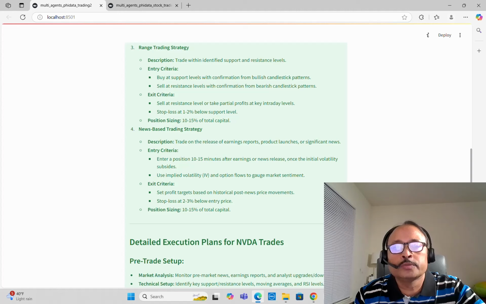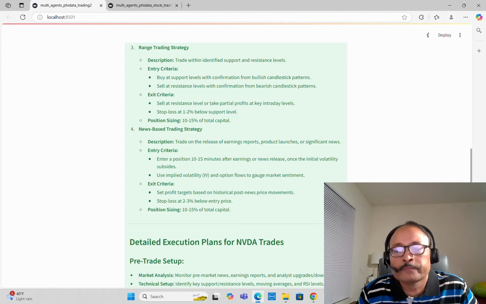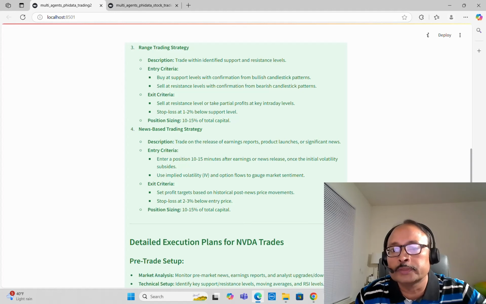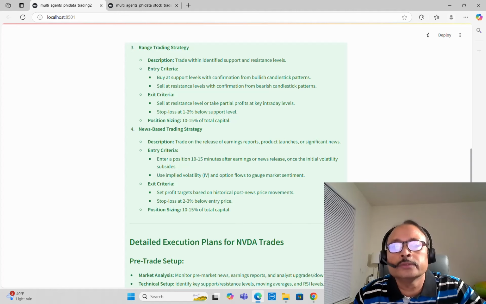The last one is the news-based trading strategy. The description: trades based on the release of earnings reports, product launches, or significant news. For any company there will be new product launches, earnings reports, announcements, press releases, etc. Based on these announcements and significant news, the stock price will fluctuate during the day.